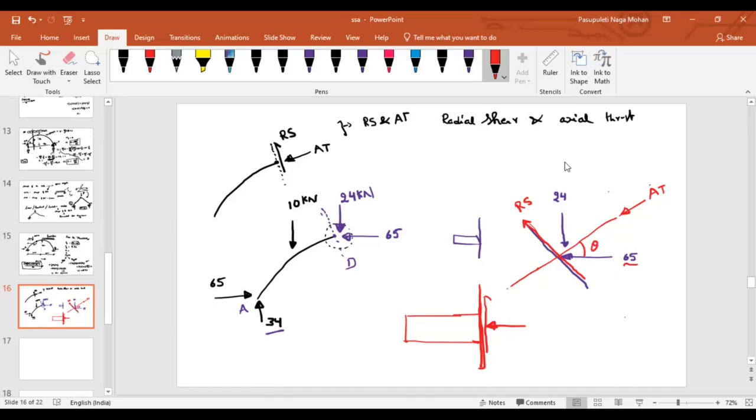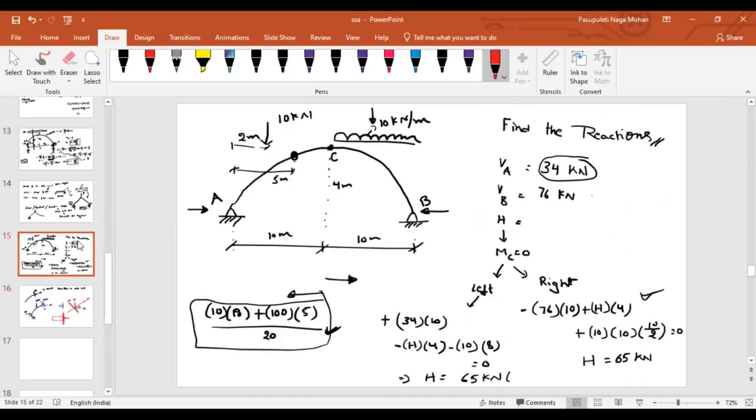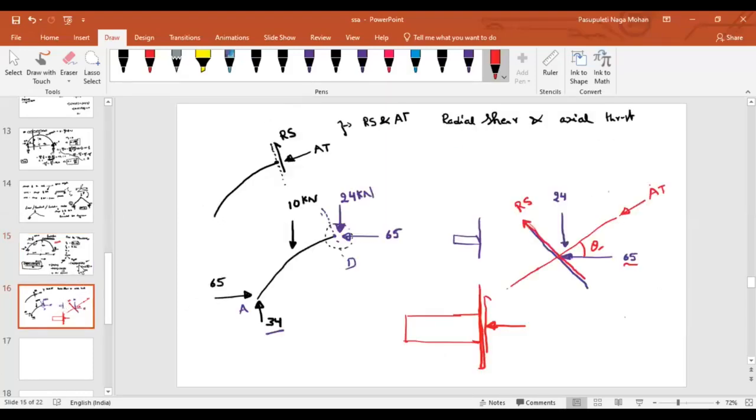First of all, can you tell me, is there any way to find out this angle theta? Imagine this is, let us say, a parabolic arch. How can I find out that angle? We know the relationship that y is equal to 4h by L square into x into L minus x.